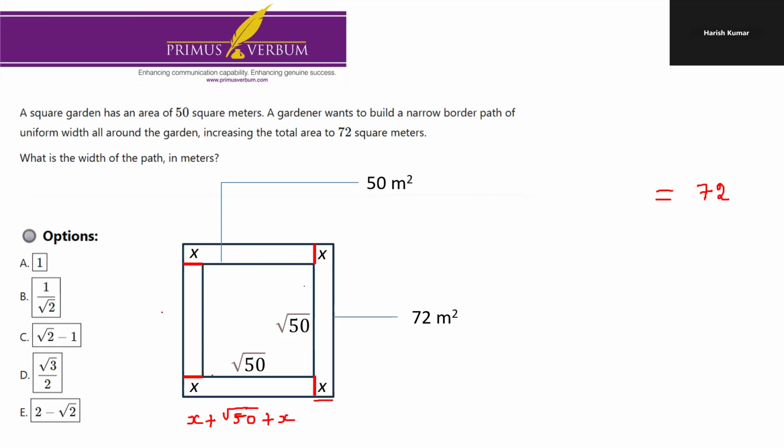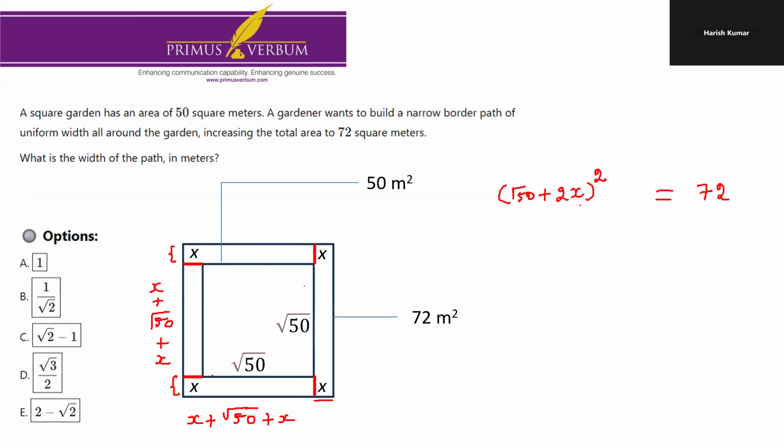And here again, we have root 50 as the breadth or height, and you have the x here, and another x here. So these are the new side lengths. So 72 square meters can be equated to root 50 plus 2x, the whole square. So the side square gives you the new area.